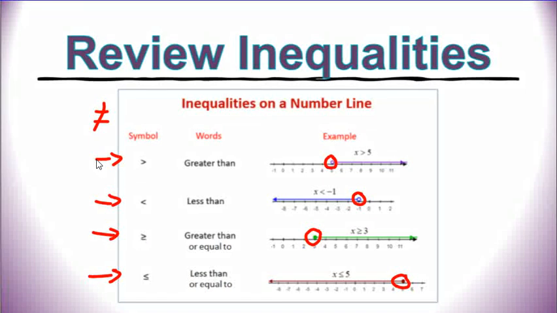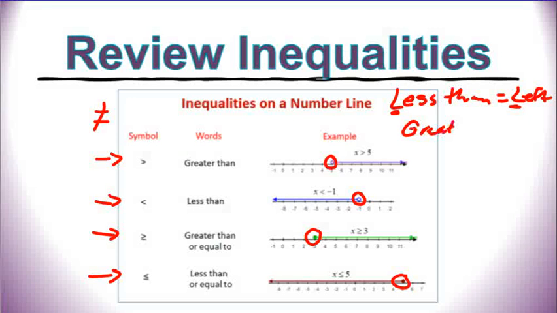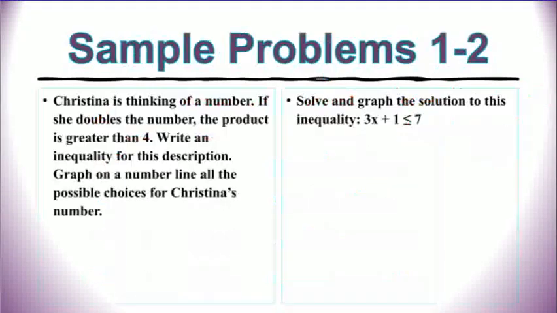So less than always goes to the left. Just think that less than means left. They both start with L, so think of the left. Greater than means to the right. So the bigger numbers are always to the right on a number line.